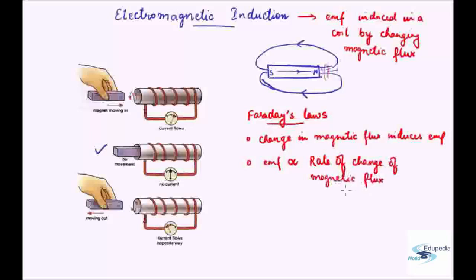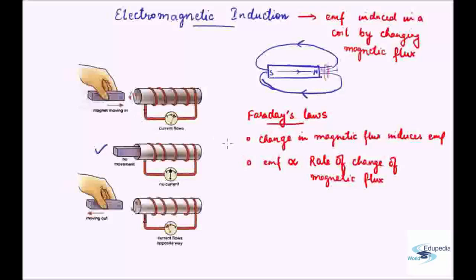What this implies is, if we move the bar magnet through a particular distance in 1 second in one case, and in another case we move the bar through the same distance in 2 seconds, then in the second case, since the rate of change of magnetic flux is less, less electromagnetic force will be induced. Faster the movement, more will the electromagnetic force be induced.